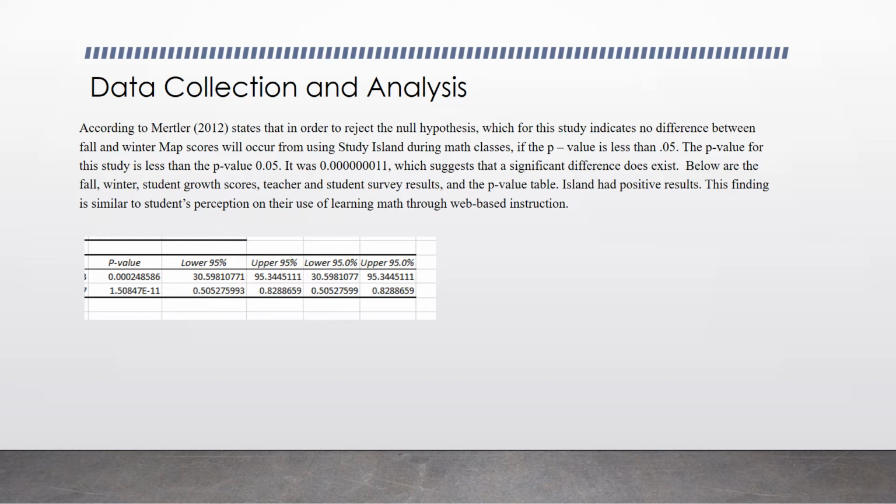And if you notice, my p-value was very low, 0.00000001, which means I could reject the null hypothesis, indicating that there's a high chance that Study Island did have a positive effect on students' achievement, and the increase did not happen by chance.